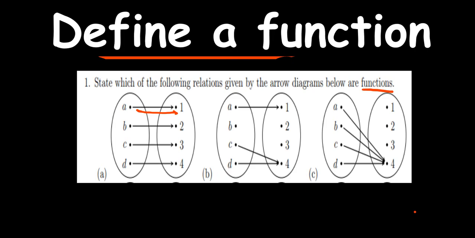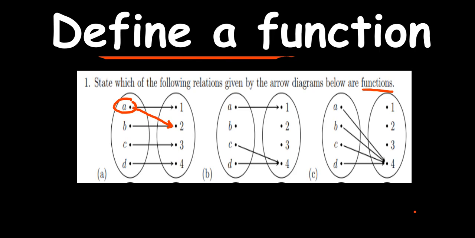If for example we had such a mapping, this A we've seen is mapping 1, right? If I say again this A maps 2 like that, this will not be a function. Why? Because one of the elements of the first set has two images. So this will make it not be a function.